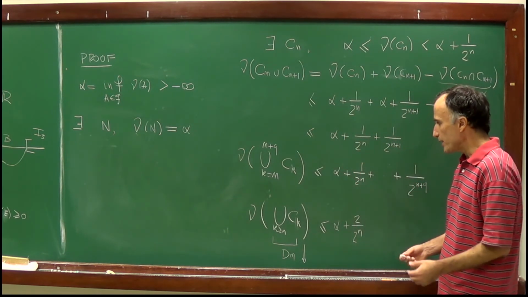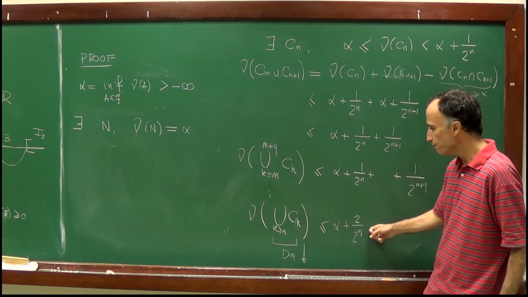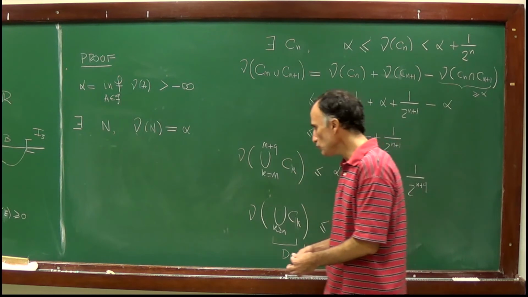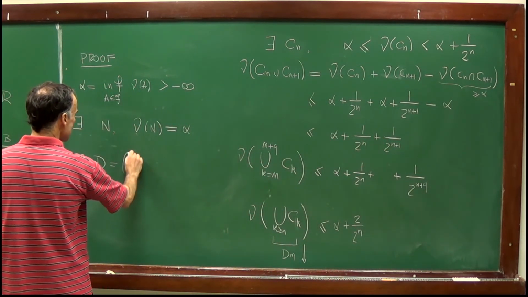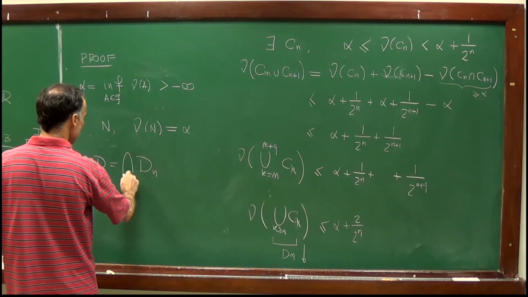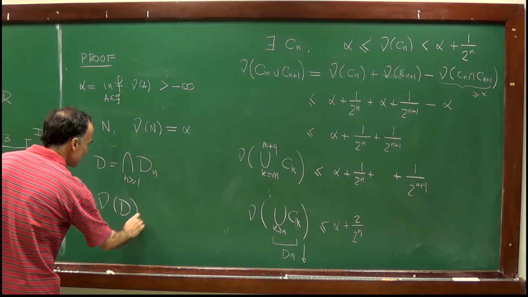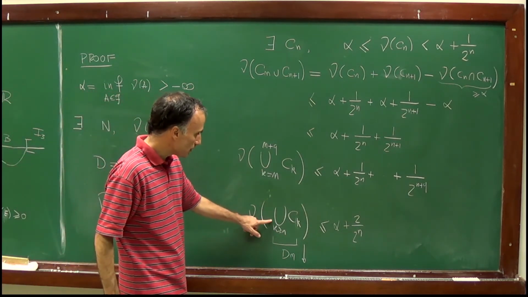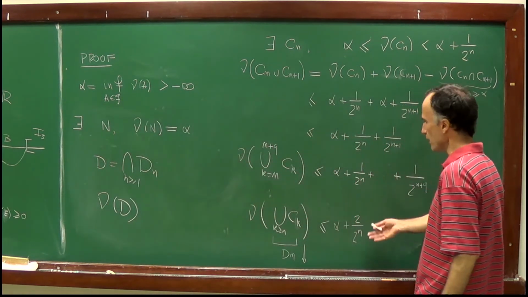And now, since the measure of D_n is bounded by this number, I can use the continuity from above to say that if I take D, which is the intersection of the sets D_n, then by the continuity of nu, the measure of D is equal to the limit of these measures, and the limit of these measures is bounded by alpha.